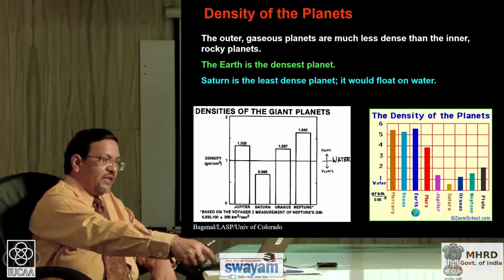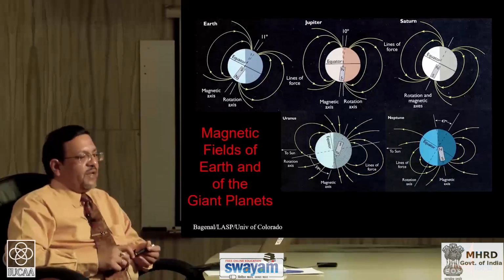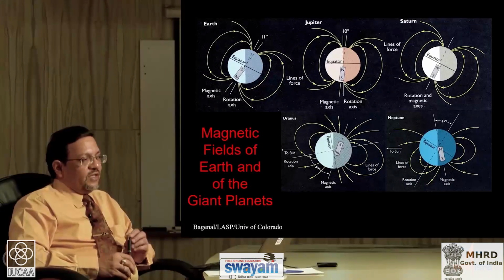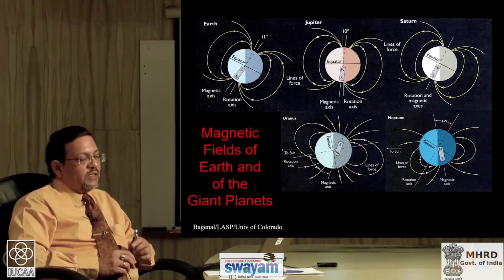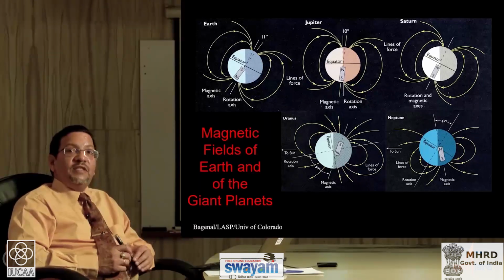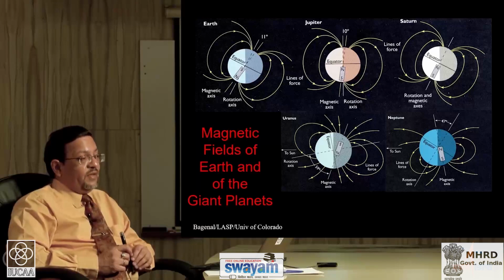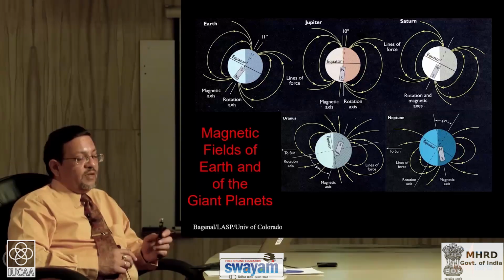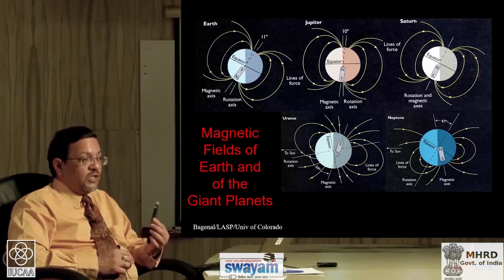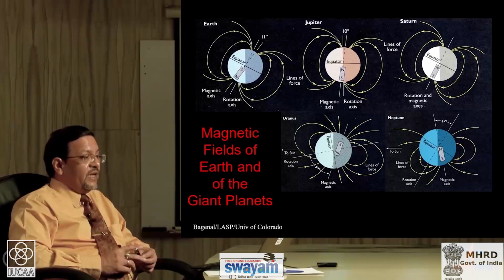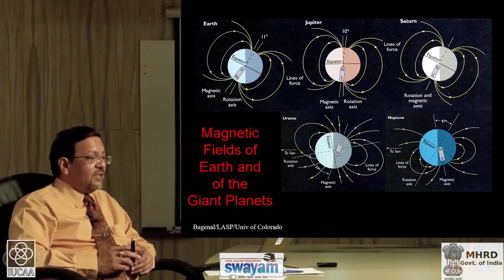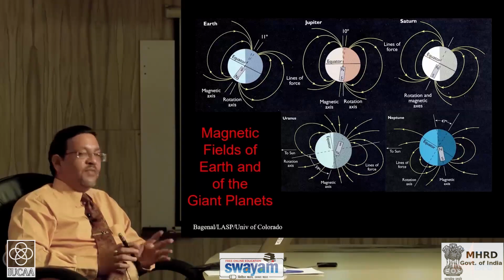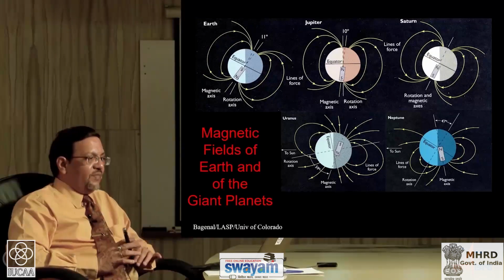Let us look at the magnetic field configuration of the planets, which is shown over here. In our solar system, we have only 5 planets which have an intrinsic magnetic field: Earth, Jupiter, Saturn, Uranus and Neptune. And if you look at the tilt of this magnetic axis with respect to the rotation axis, you can see that Earth and Jupiter have somewhat similar tilt.